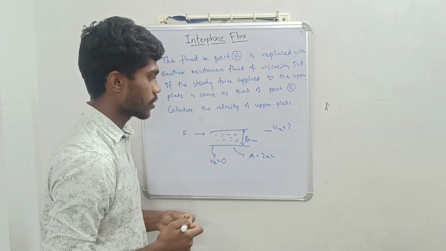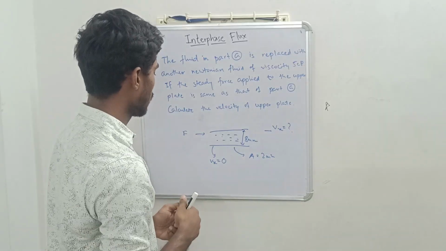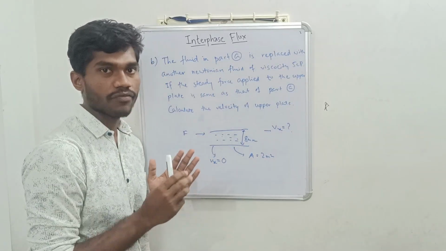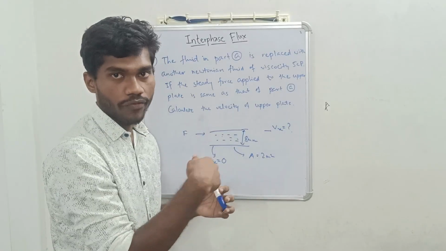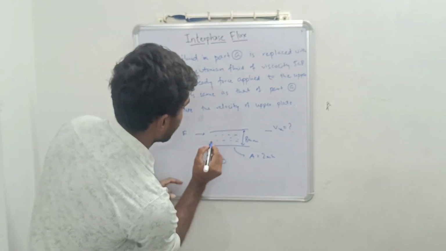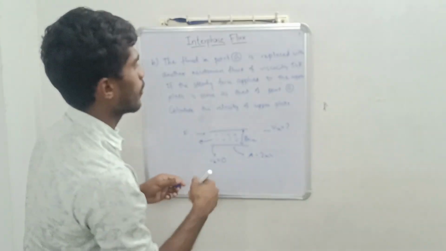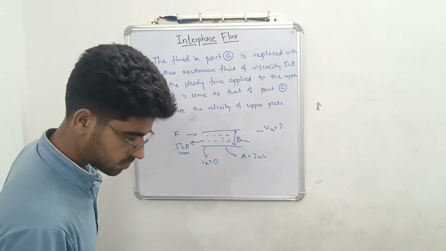If we are providing a force of 5 Newton, what will be the velocity of the upper plate when this fluid has a viscosity of 5 centipoise?